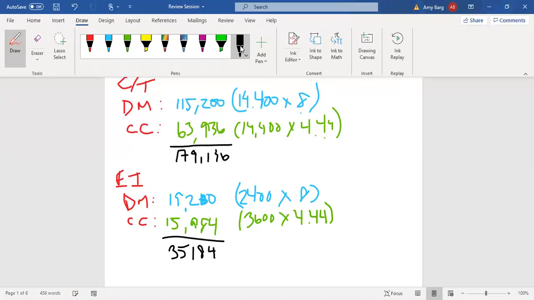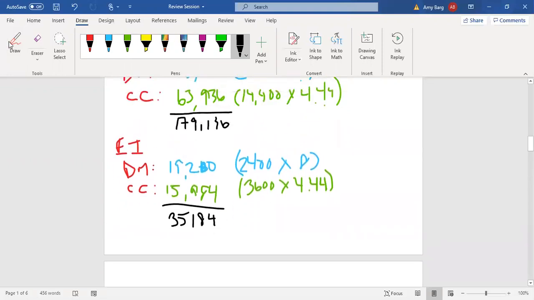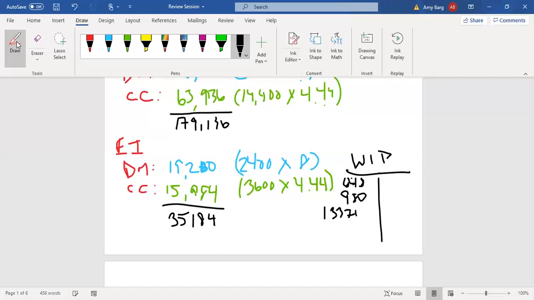So now these are in dollars. We can do our WIP account all over again. Just do that over here. So when we started, we had 640, we had 980, we had 133,760, and we had 79.